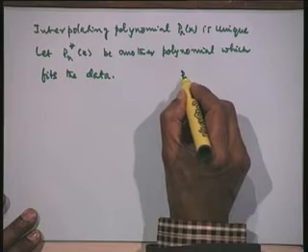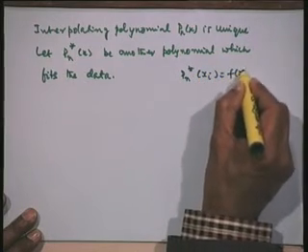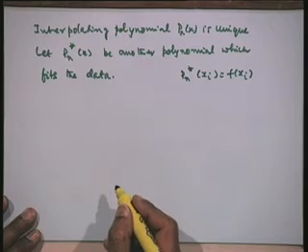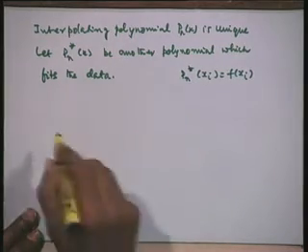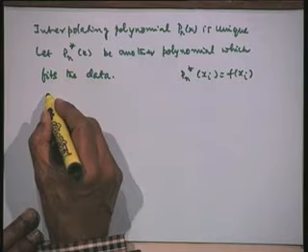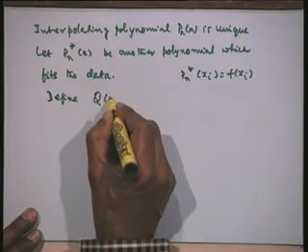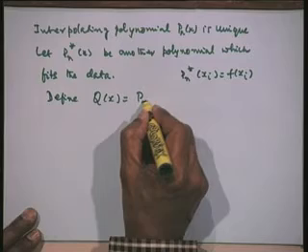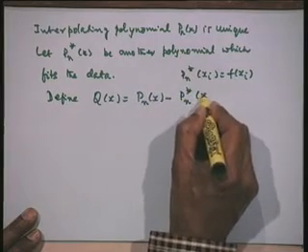That means p n star of x i is equal to f x i for all i. Then let us define the difference between these two polynomials as a function q x. Define q x is equal to p n x minus p n star of x.